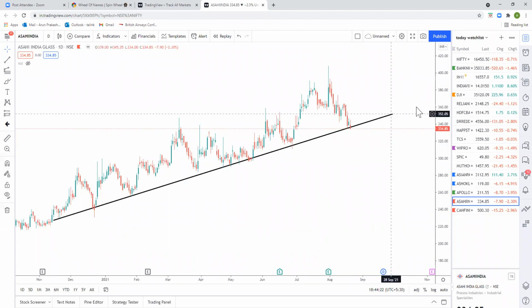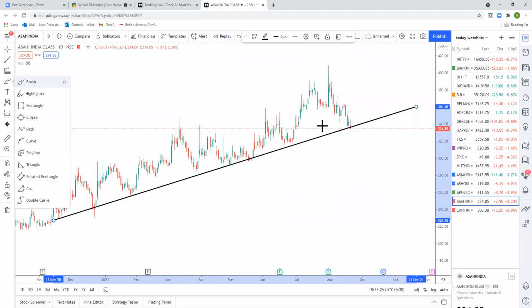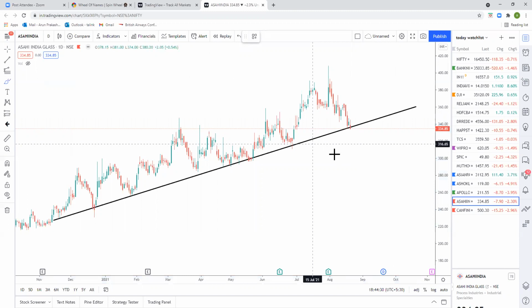In ASAHI India, the support line is very good because I see so many reversals which have happened here. And the next one is not having any patterns but a few indicators. That is an avoid from my side.